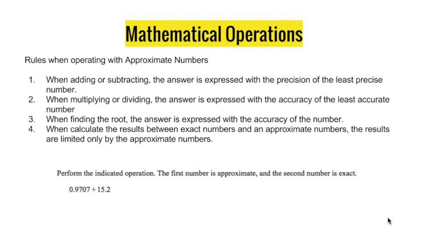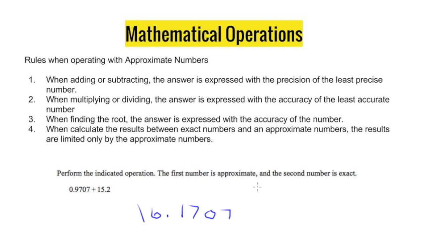So in this particular problem, all we simply need to do is add the numbers together. And when we add 0.970 plus 15.2, we get the number 16.1707.